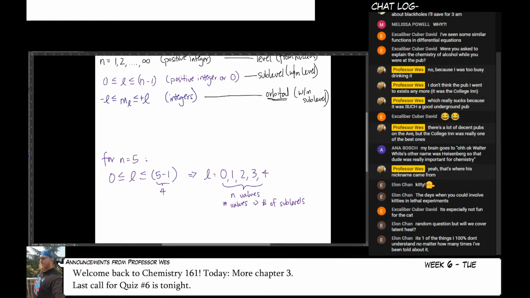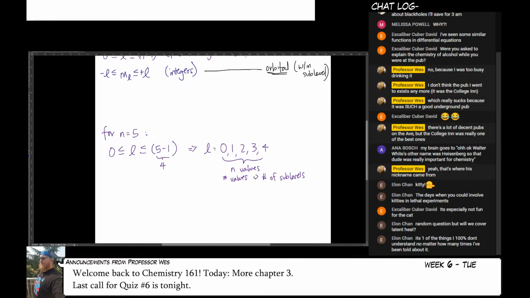All right. We're going to take our m sub L example, and we're going to look at n equals 5, and for L equals 2, what values of m sub L are possible?